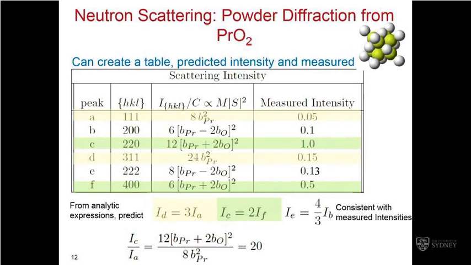Now, what we can get from the theory that we have just gone through are expressions that relate the scattering strength, the b, of the oxygen to that of the praseodymium. Okay, so let's go through the first one together. Let's see how we actually get this 8 b_Pr squared.